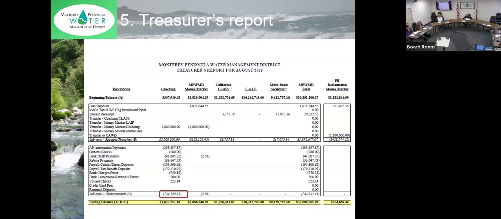In that you can see the management investment policy, if you will. I mean, see the distribution of funds between LAIF and class, and then our multi-bank securities, which are negotiable CDs. So you can kind of see the allocation, which is purely a management policy, because you have to make sure you've got enough to meet payroll, so immediately available funds, and then those multi-bank securities, those negotiable CDs, are laddered out over time for when you think you're going to need chunks of revenue.